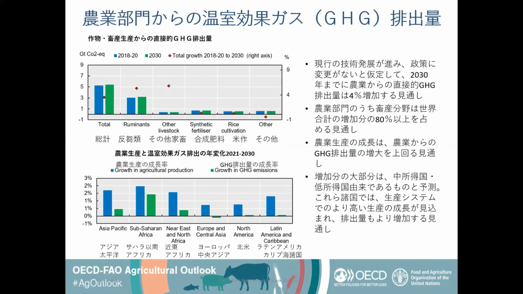So what I just showed here, adding extra ruminants, extra cows, is actually the main reason why we still think that emissions from agriculture will grow by about 4%. So that is in the top chart here. So ruminants and livestock in general will account for about 80% of the additional emissions.